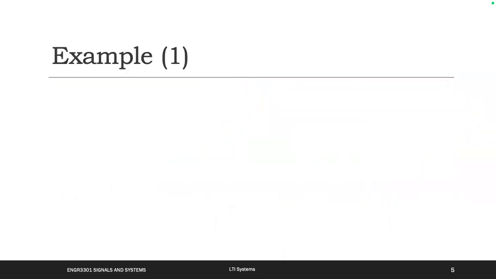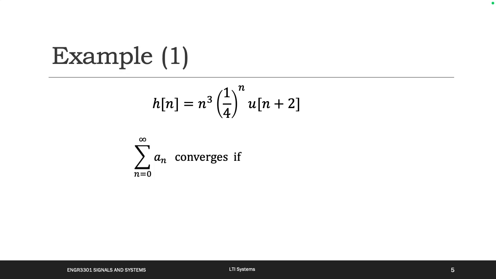Okay, let's review the examples. Actually, this is the example we talked about. This is your impulse response, am I right? Then let's talk about whether it is stable or not, causal or not. If we want to talk about whether an LTI system is stable, we don't need to care about the input signal, am I right? We just check the impulse response. For this impulse response, firstly, there is an equation that converges if we have this limitation, am I right?